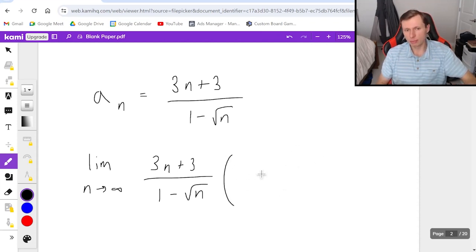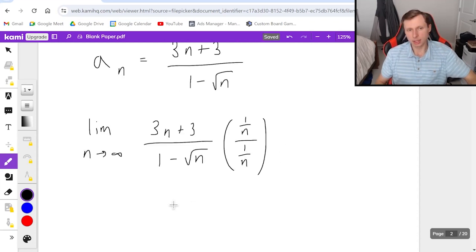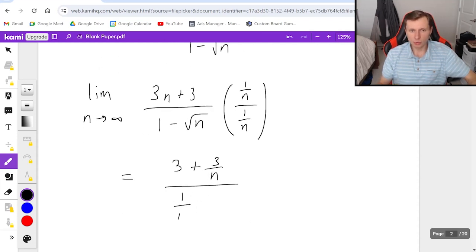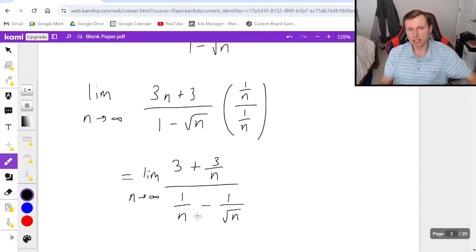I'm going to multiply the numerator and denominator by 1 over n, because in the numerator that will just leave me with 3 plus 3 over n, and the denominator is 1 over n minus root n over n, which cancels to 1 over root n. And remember, this was still my limit as n goes to infinity.